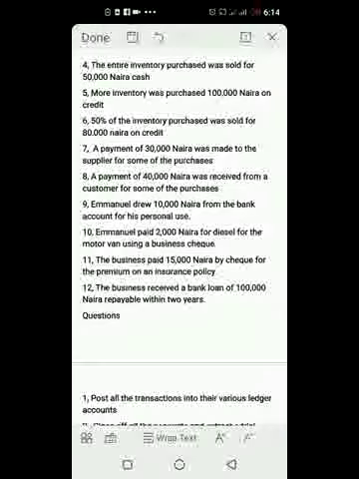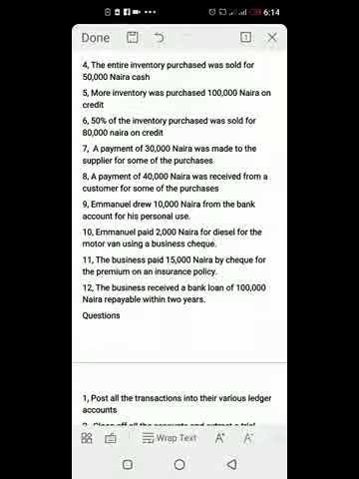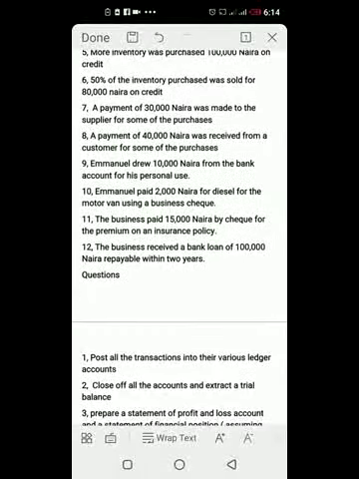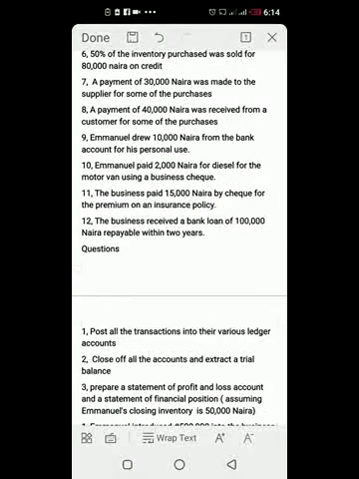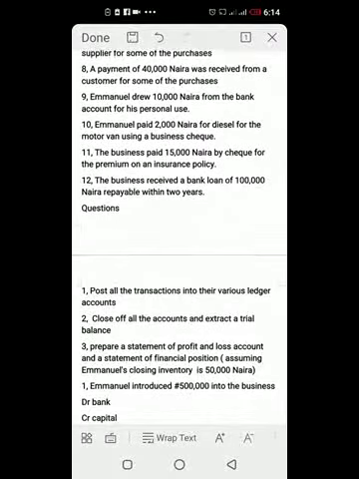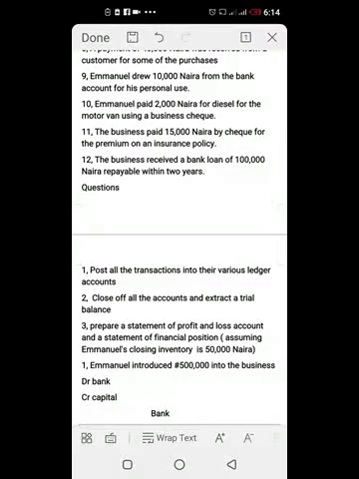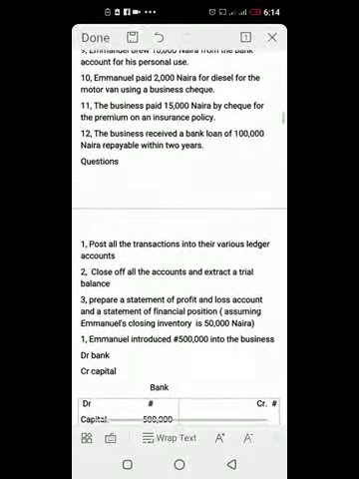A payment of 40,000 naira was received from a customer for some of the sales. Emmanuel drew 10,000 naira from the bank account for his personal use. Emmanuel paid 2,000 naira for diesel for the motor van using a business cheque. The business paid 15,000 naira by cheque for the premium on an insurance policy.